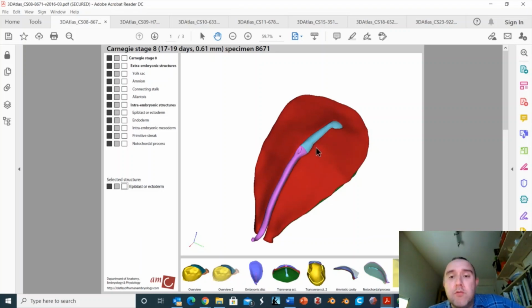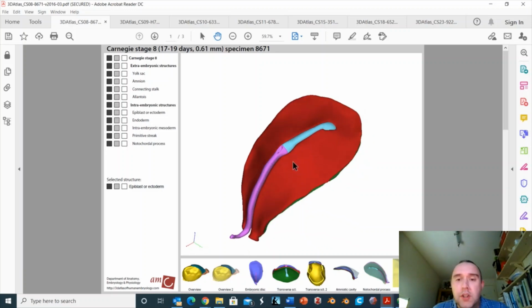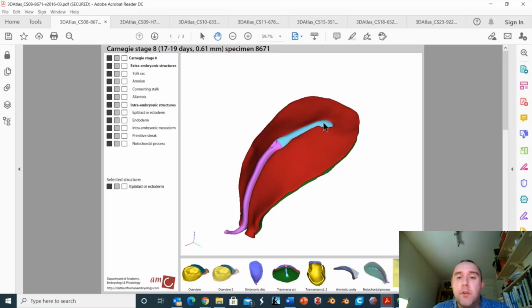This notochord is really, really important because it is the notochord which is going to go on to induce the overlying ectoderm and essentially tell it to start forming the neural tube and hence the rest of the central nervous system. In the adult, very little is left of the notochord. All that's left in the adult is the nucleus pulposus in the intervertebral discs. This notochord is really, really important for inducing the overlying ectoderm to form the neural tube.